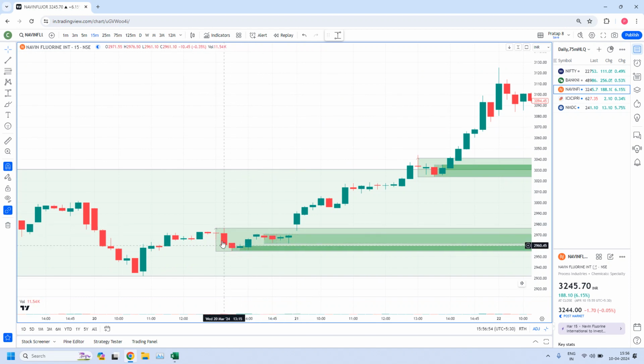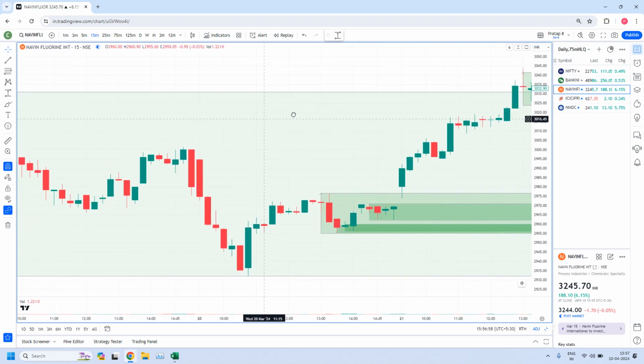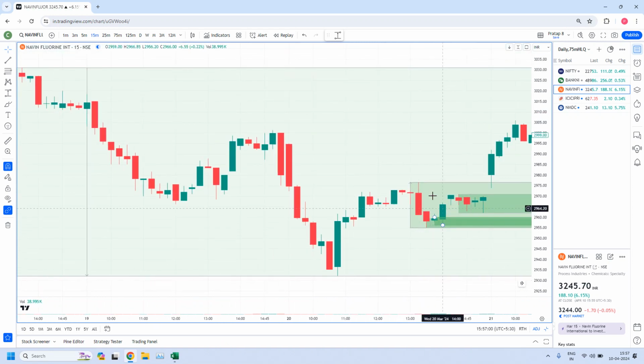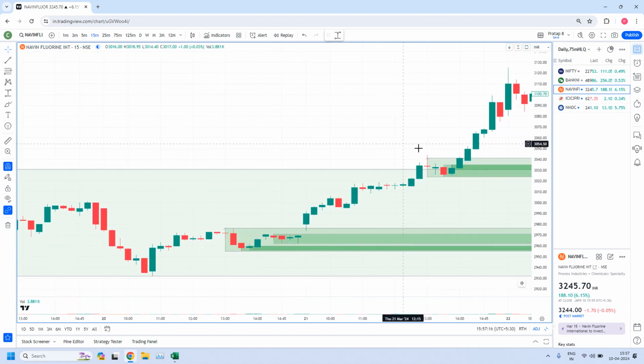Inside again we identified a drop, 2 base candles, we have a drop candle, 1 base candle and a rally candle. Again we have a rally candle, 5 base candles and again a rally candle. So that means we have identified 2 15 minute zones inside this, and here 1 15 minute zone.